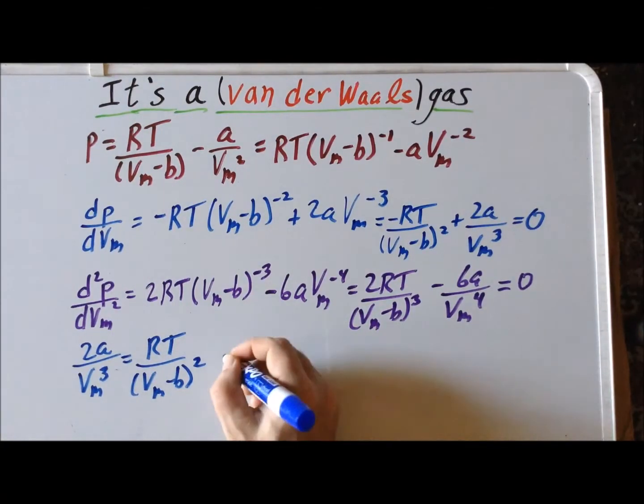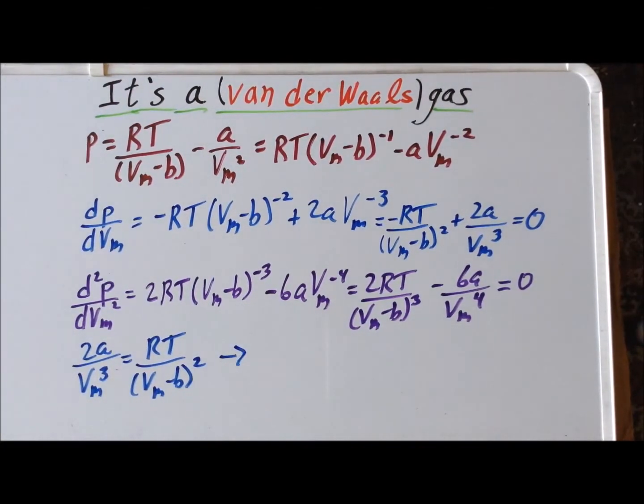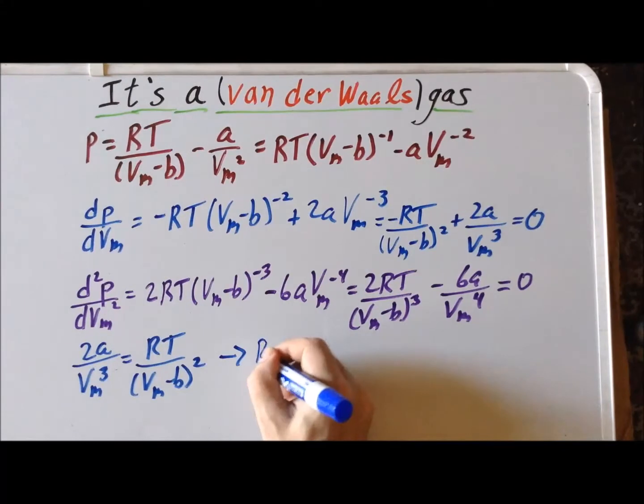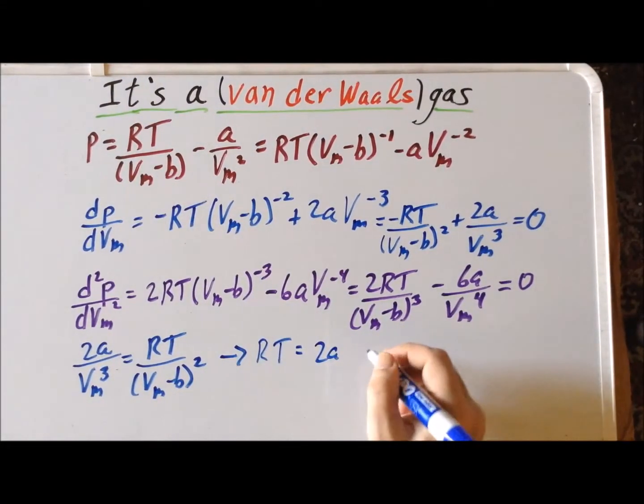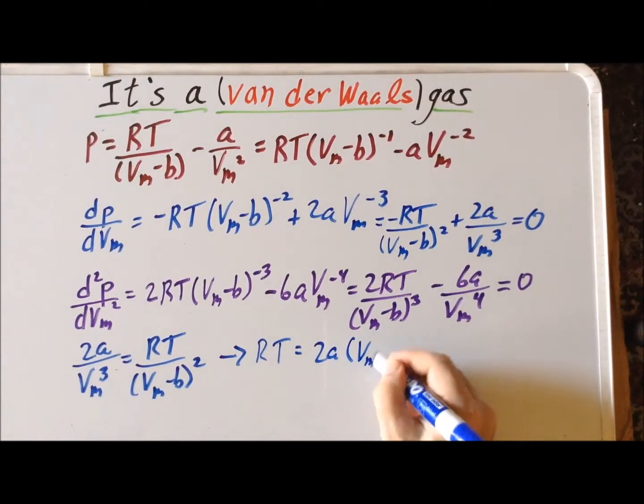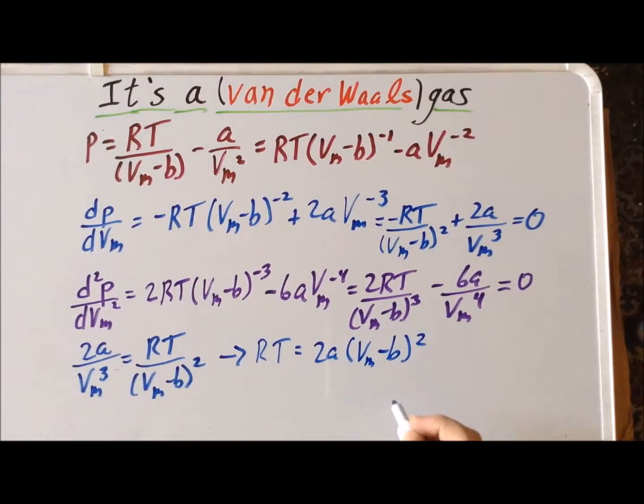Now we simply multiply each side by the quantity V sub m minus b squared, and we get that RT is equal to 2a times the quantity V sub m minus b squared, divided by the molar volume cubed.